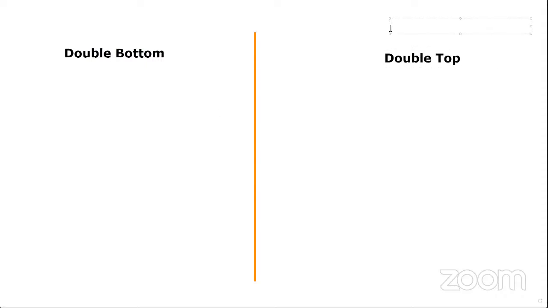Double top is bearish, and its turn. And double bottom is simply bullish. So what does it mean to have a bearish pattern? It simply means that you can go short, you can sell after the pattern has shown up. Bullish pattern simply means that you can go long, you can buy after the pattern has shown up.